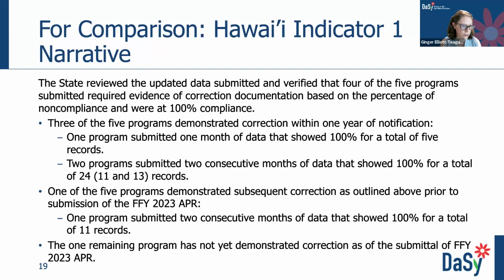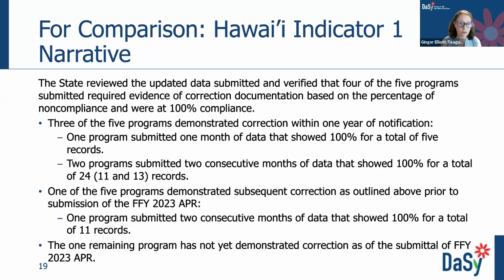So that's what that's referring to. They described in a lot of detail what they looked at, how much data was submitted for each program, and they reported that 3 of the 5 programs, remember there were 5 findings for indicator 1, demonstrated correction when they looked at their updated data.